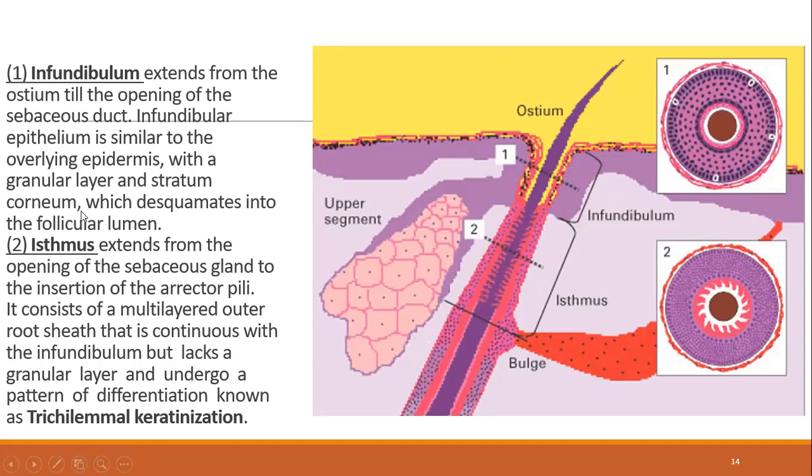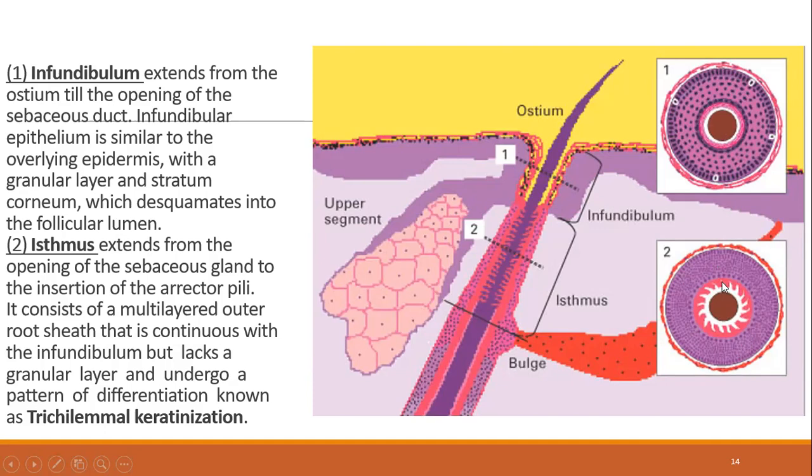Then the isthmus. The isthmus extends from the opening of the sebaceous gland till the attachment of the erector pili muscle. This is a multi-layered structure with the outer root sheath that is continuous with the infundibulum, but now it lacks the granular layer and undergoes a pattern of keratinization which is called trichilemmal keratinization.